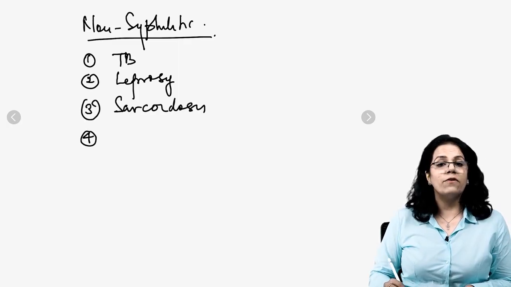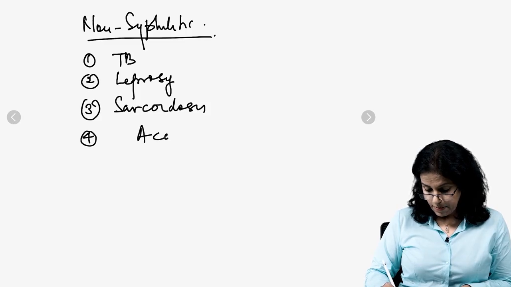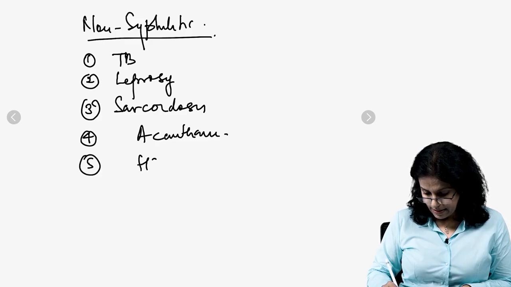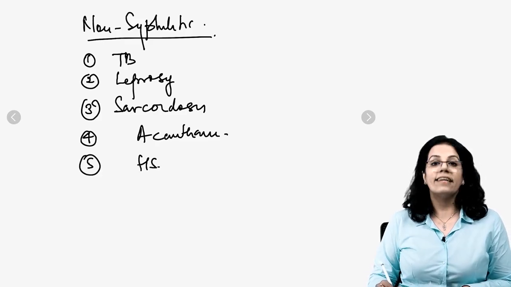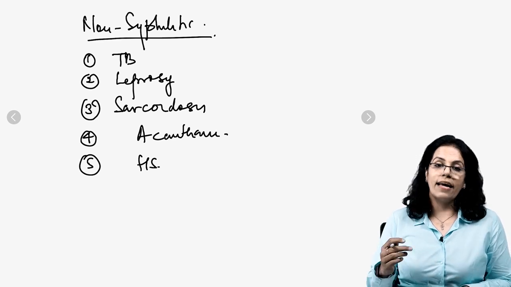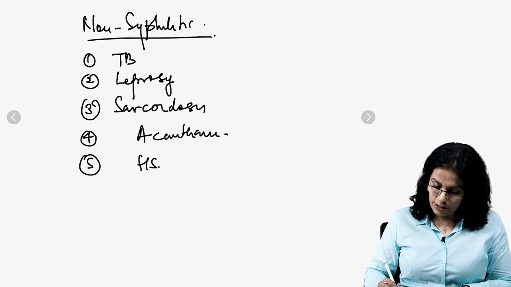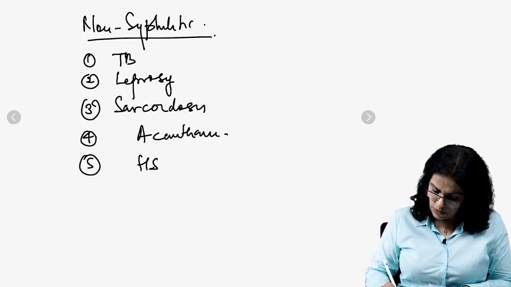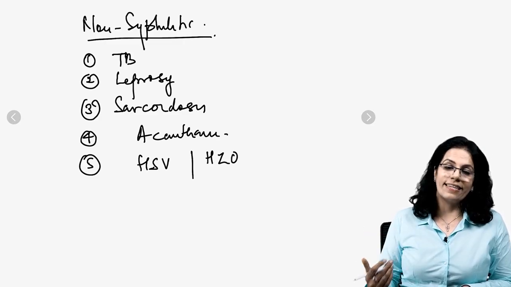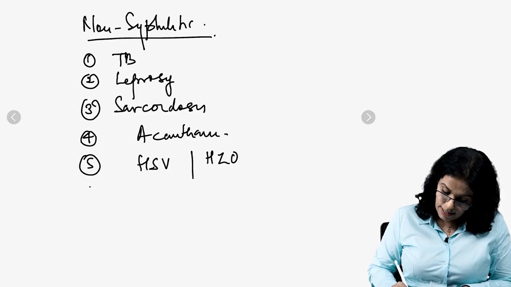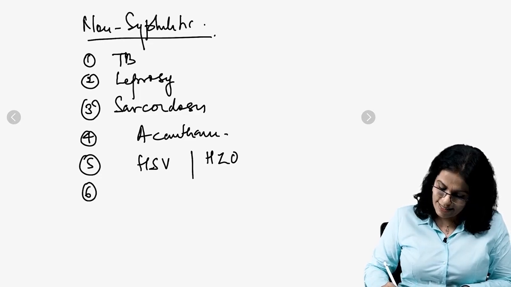Sarcoidosis. And to complete the list, even acanthamoeba can be one of the causes. Then there can be herpes. Herpes zoster especially can lead to it as a hypersensitivity reaction. But theoretically both simplex and zoster are mentioned, which can lead to interstitial keratitis. And lastly, we should not forget Cogan syndrome.